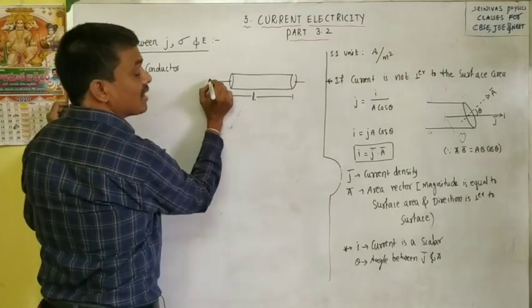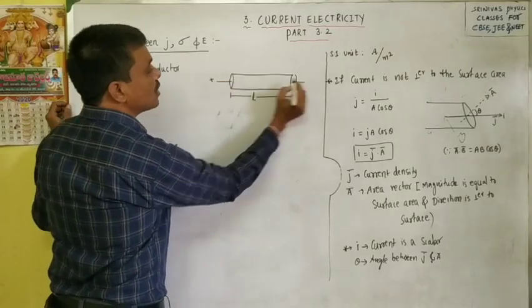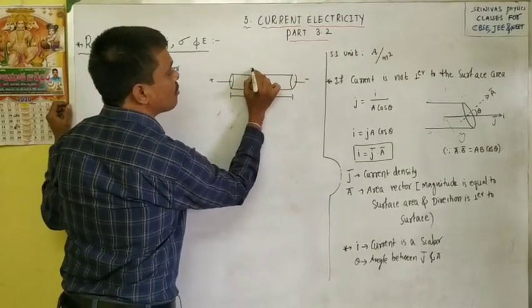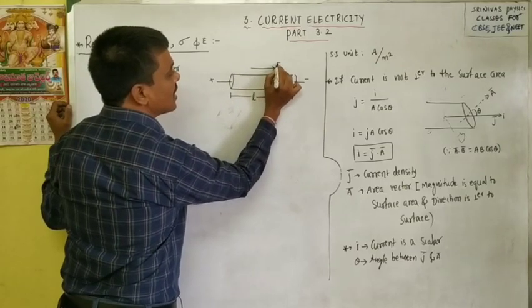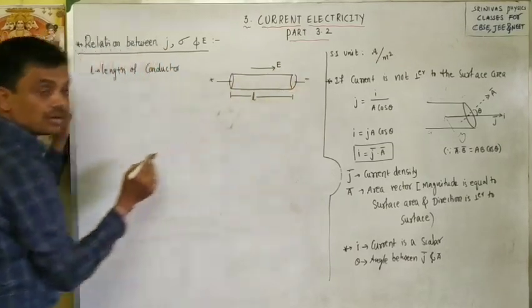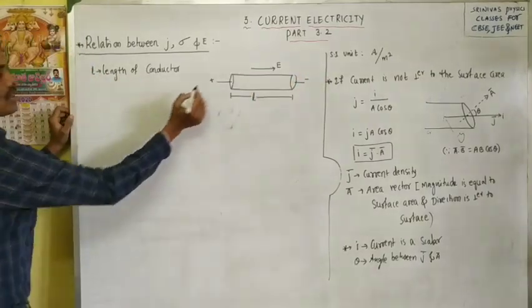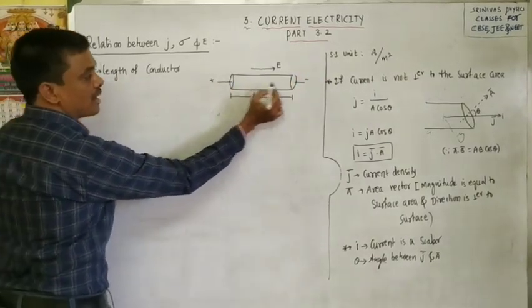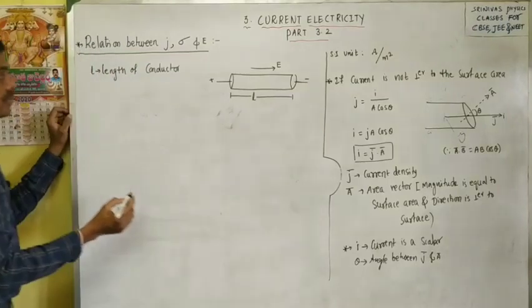For example, this side we will connect to positive, and this side we will connect to negative. At that moment, an electric field will be produced. What is the direction of the electric field? From positive to negative. This side we connect to the positive terminal of the battery, and this side to the negative terminal.